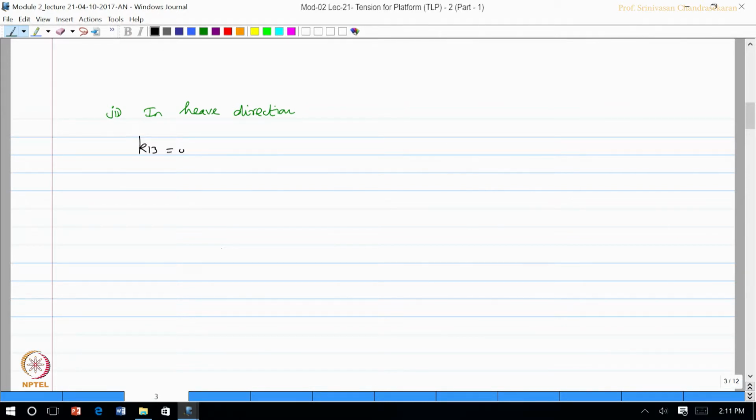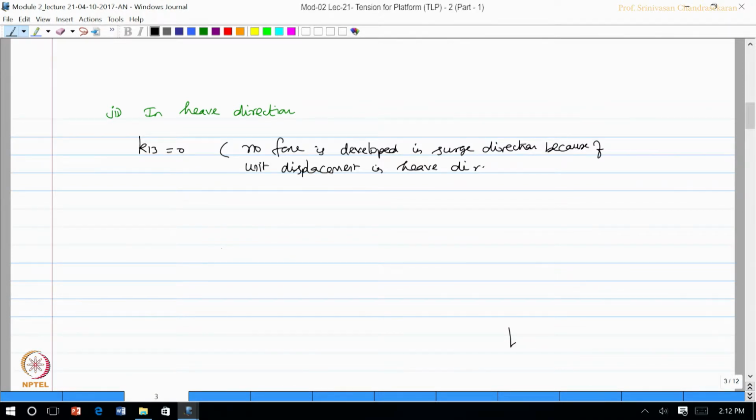K13 will be 0 because no force is developed in the surge direction because of unit displacement in the heave direction. Let us say this is equation number 1.